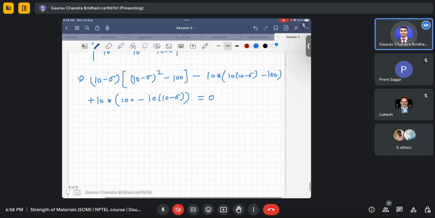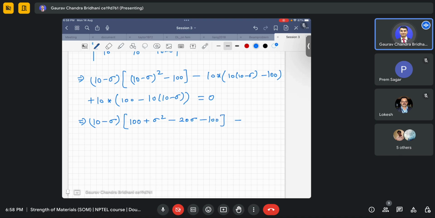Let's open it. 10 minus sigma, times 100 plus sigma square minus 20 sigma, minus 100.